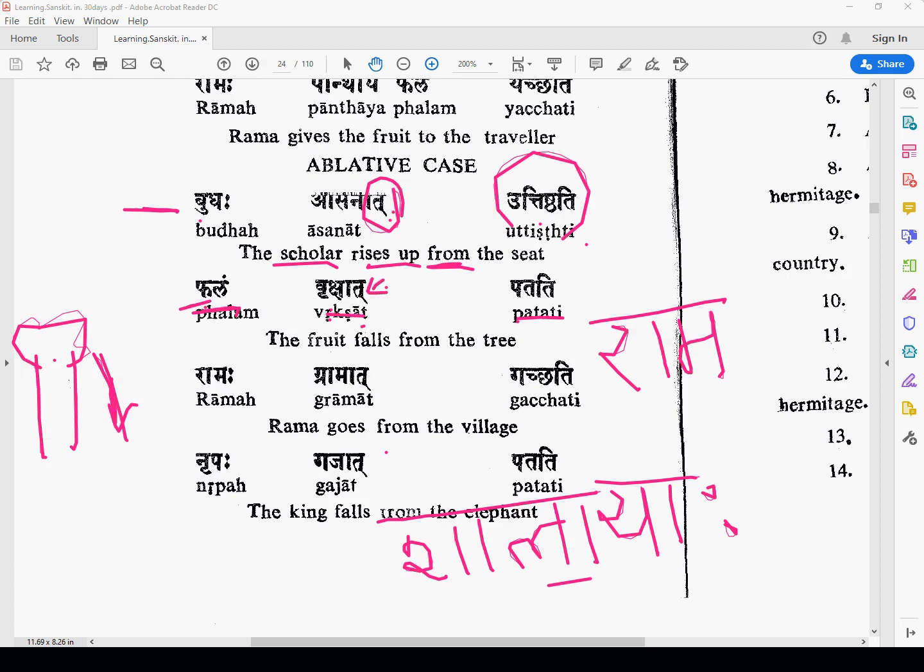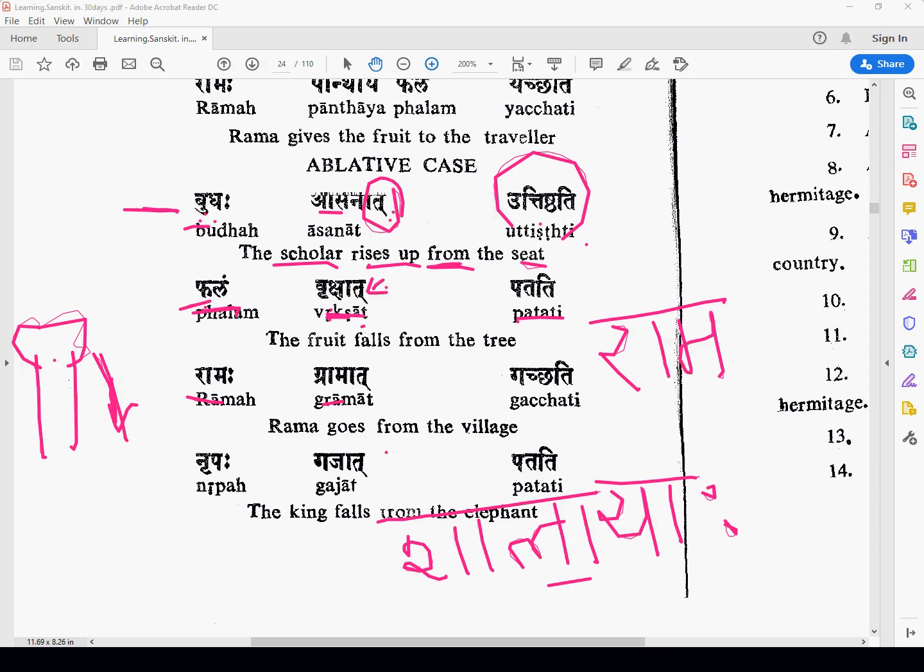When we have Buddha asanat uttisthati, there is a rising up action, and rising up means he is getting away, separating from that seat. Asanat uttisthati, rukshat patati. Similarly, Ramaha gramat gacchati.